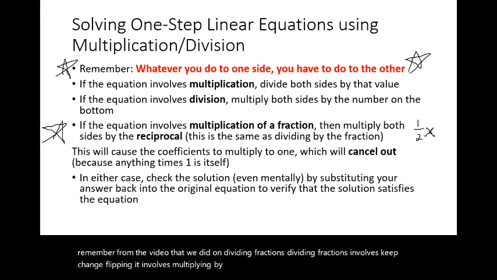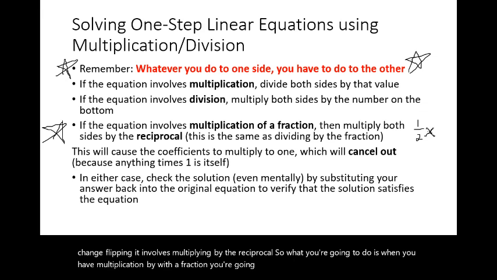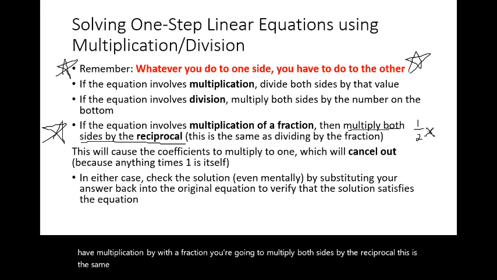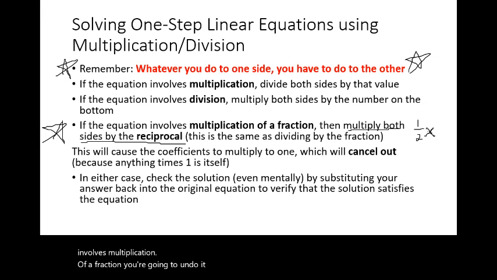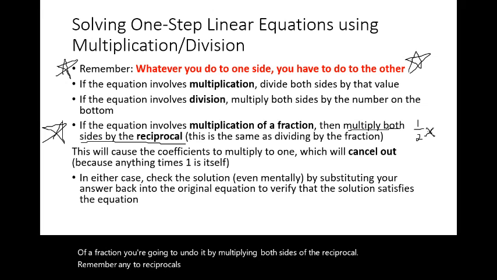So when you have multiplication with a fraction, you're going to multiply both sides by the reciprocal. This is the same as dividing by the fraction, but it just saves you some steps. Remember, any two reciprocals multiplying cancel out to become 1.